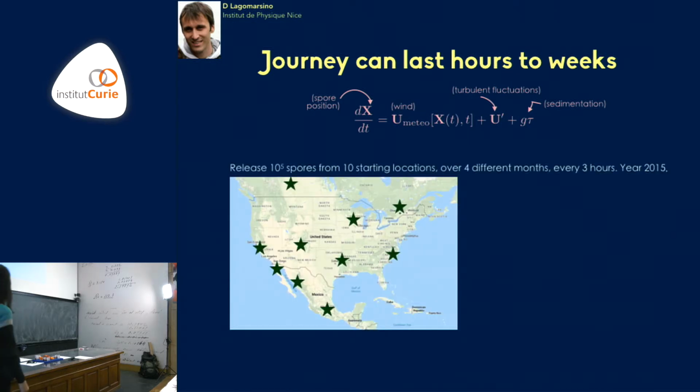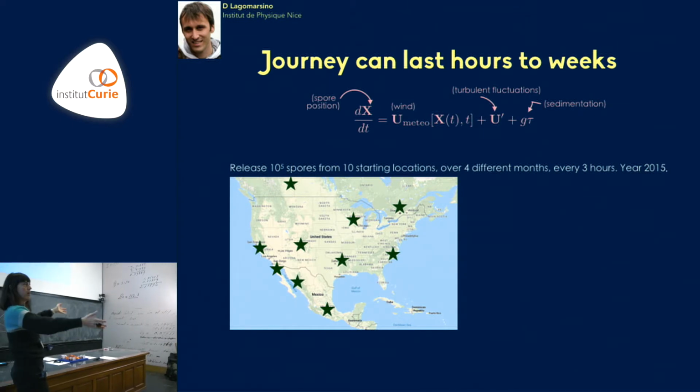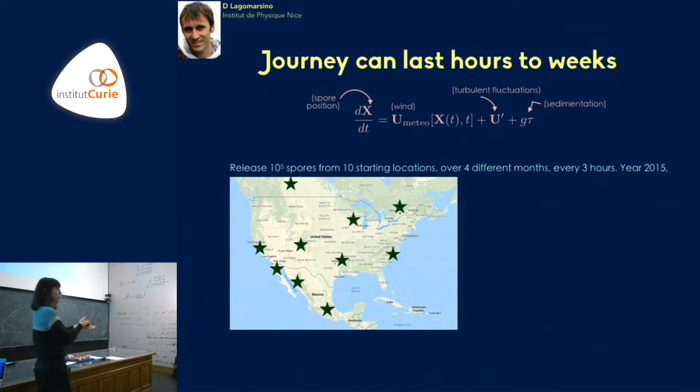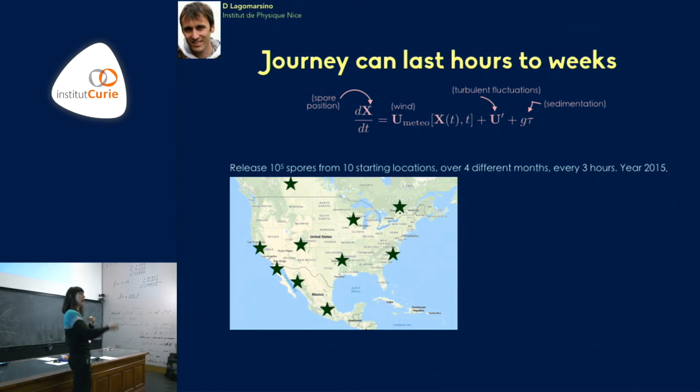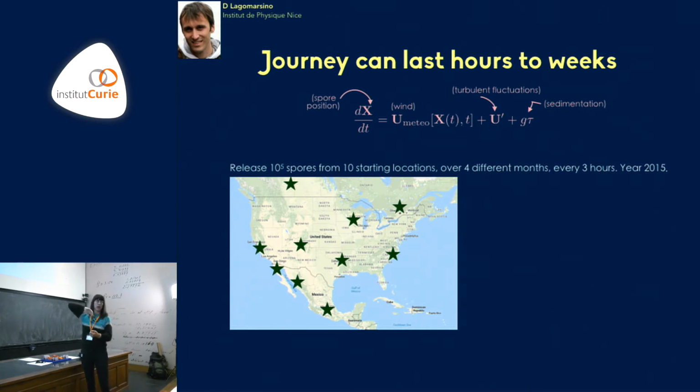So then what Daniele did was he took 10 points across North America. We decided to try and be more detailed in the times rather than in space. So we took just 10 points because this is already a lot of simulations, and we tried to make them spread apart, exploring different niches so that our results wouldn't depend on being close to the sea, the mountains, the lake, or some specific microclimatic pattern.